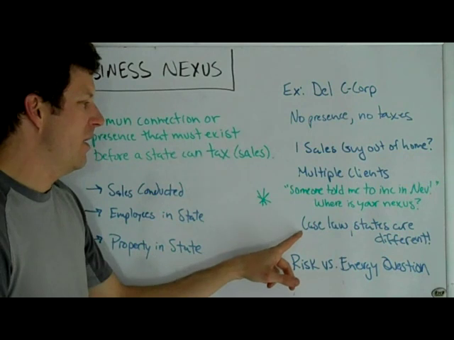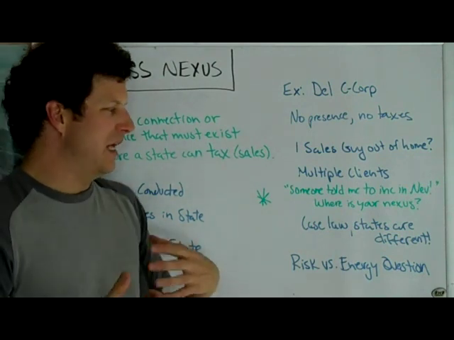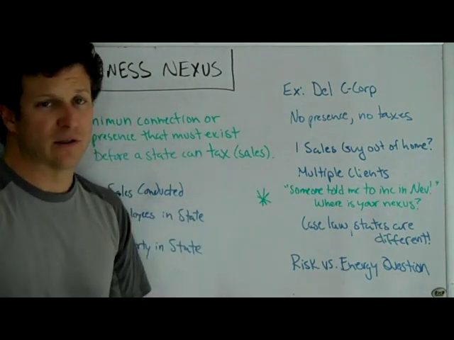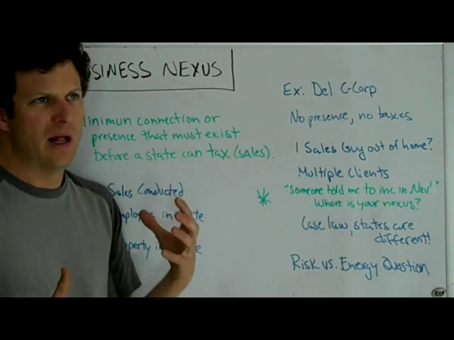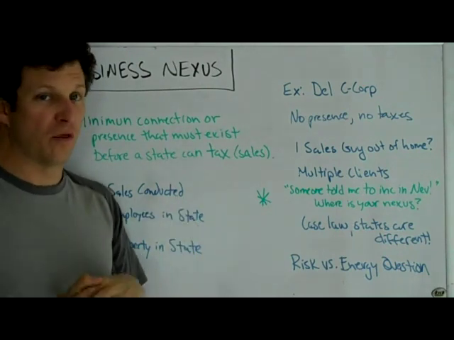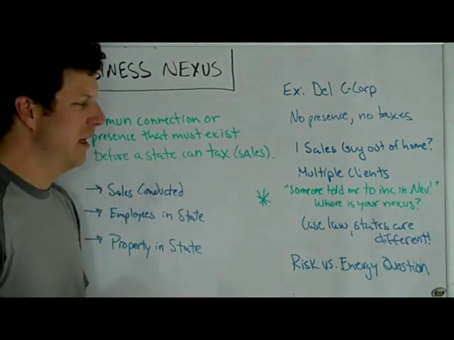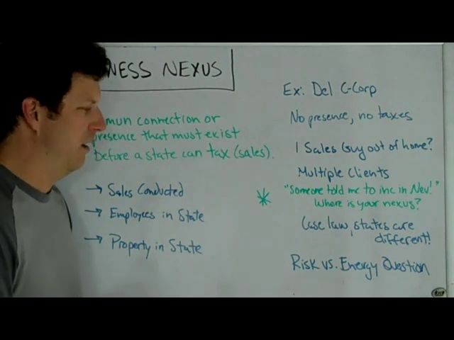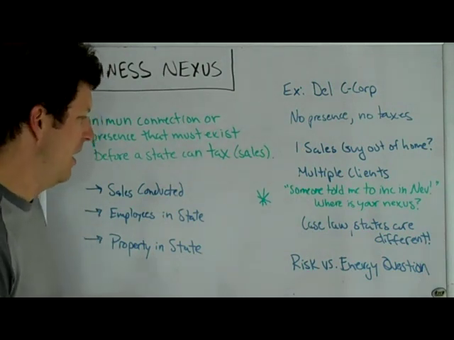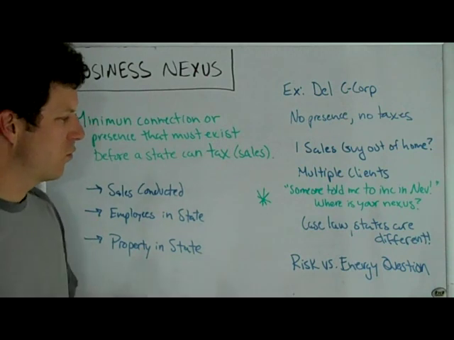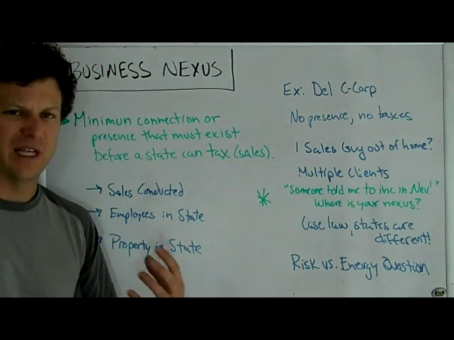Also, the case law and the rules for the various states are different, so I don't mean to say that there's a broad truth about this subject. It still tends to be a somewhat quixotic subject. Really what it comes down to is a risk versus energy question.